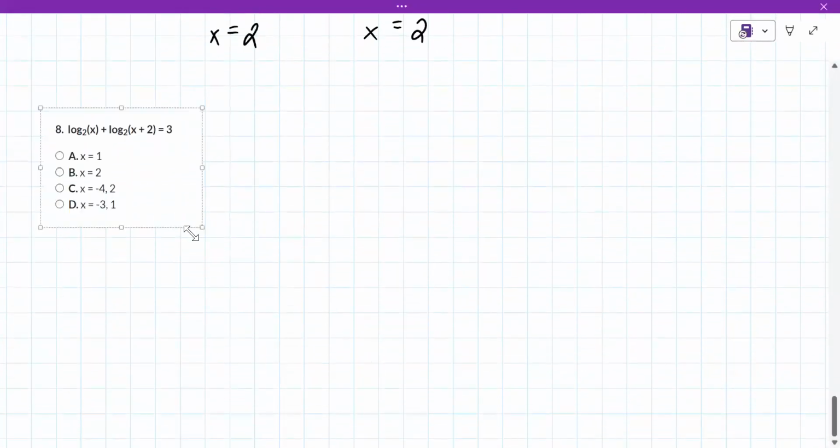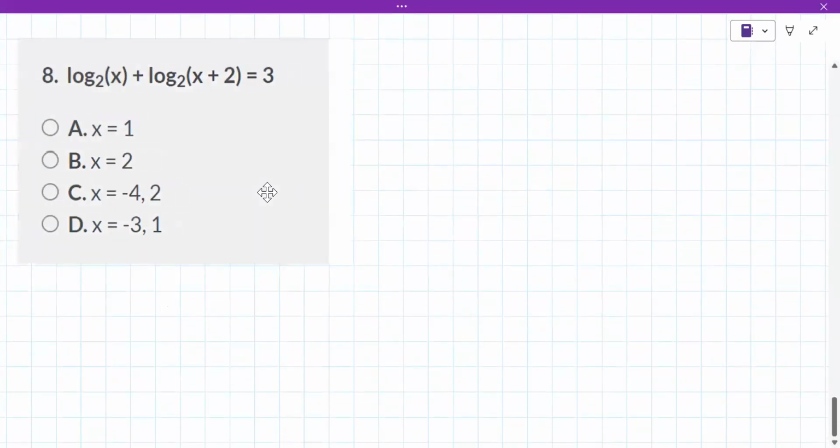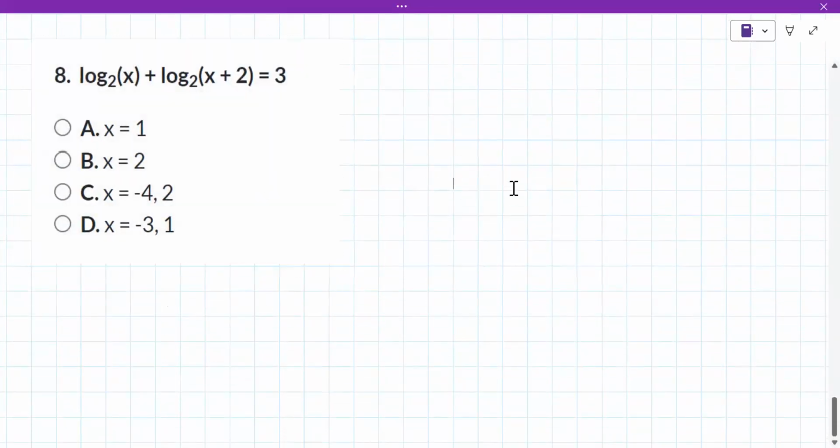All right. Okay. You've got a sum here. What does a sum become in logarithms? I don't remember. Okay, go back and look at number 4.